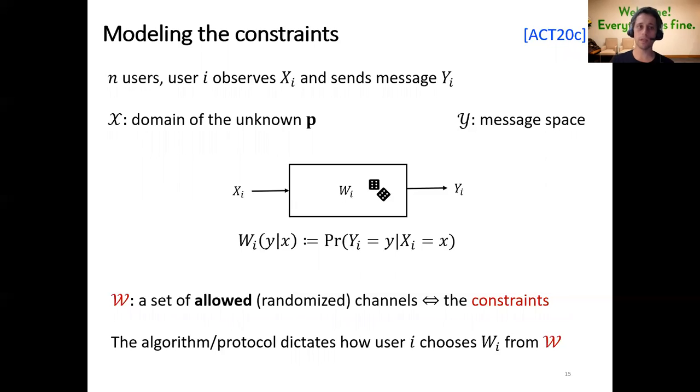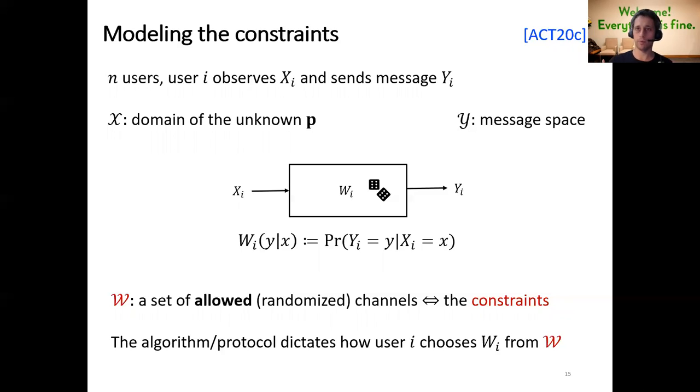Now here come the constraints. We will have that calligraphic W, which is a set of allowed channels. So we won't allow any type of such randomized channel, but just a subset of them, and that will model the constraints. That will capture the constraints we are in. So again, you start with, I want to prove such and such result for this task, but under some constraints.